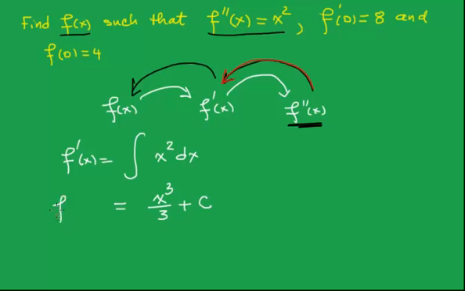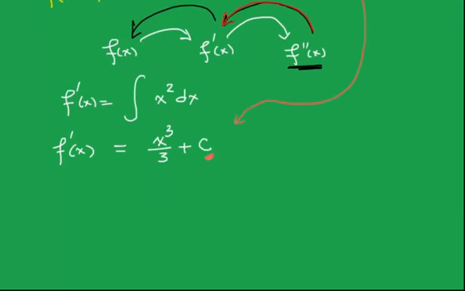So here I already have the shape of f prime. But look closely, they have given us a condition for f prime, and that condition is that f prime of 0 is 8. So we're going to use that to find this constant c.